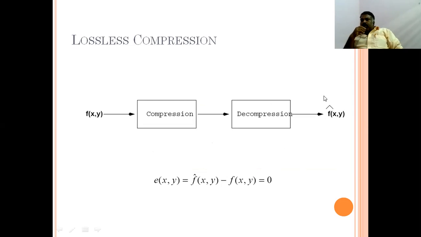Lossless compression is compression and decompression without any impact on the original quality of the image, in order to reduce its size. You just have to see the difference: f cap of x comma y minus f of x comma y, there is no significant difference.